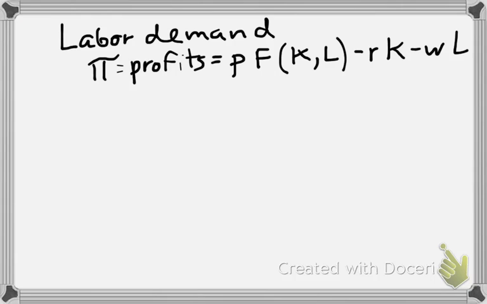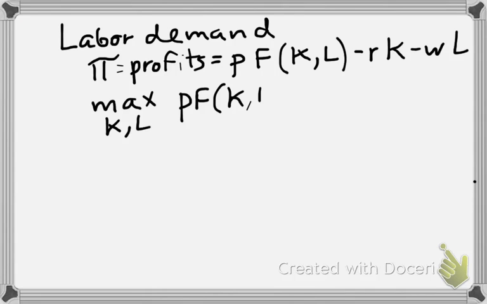So that's the profit function for the firm, and the firm finds the amounts of capital and labor that it wants to hire to maximize its profit. So we are choosing capital and labor to maximize this function.